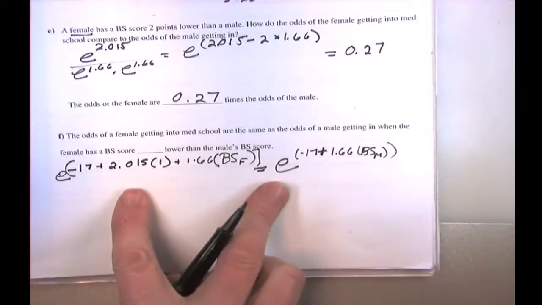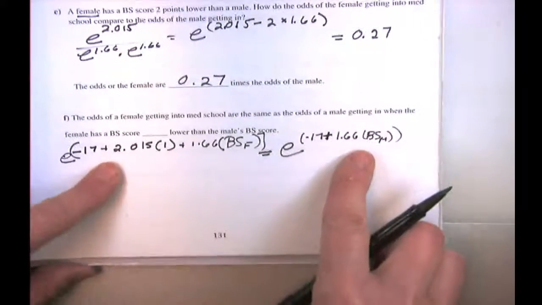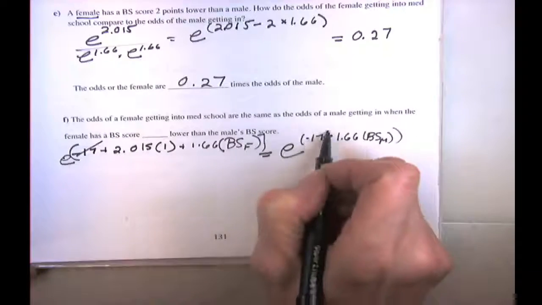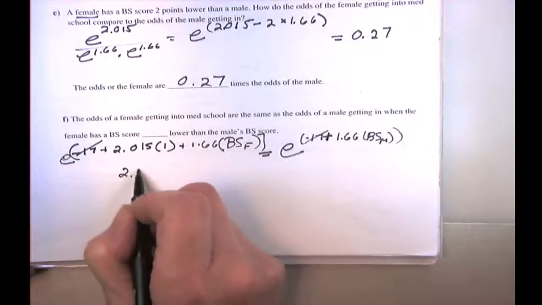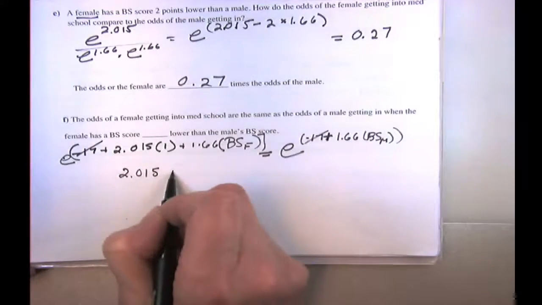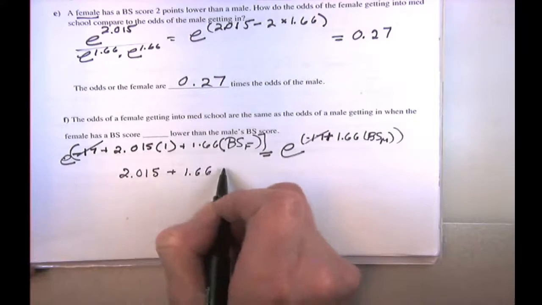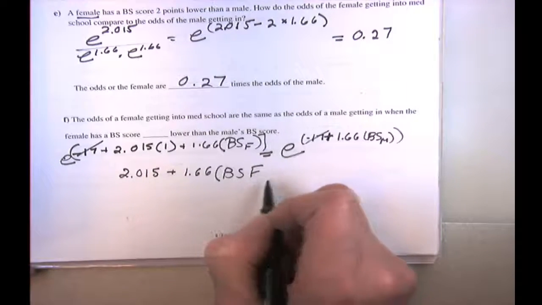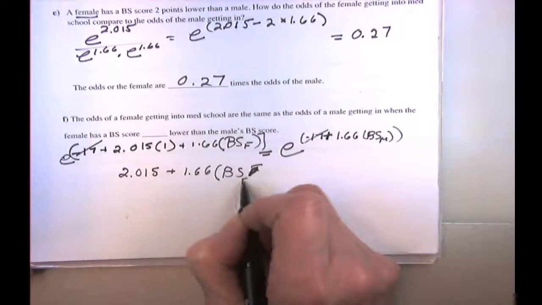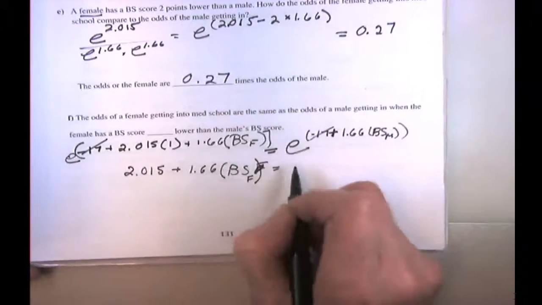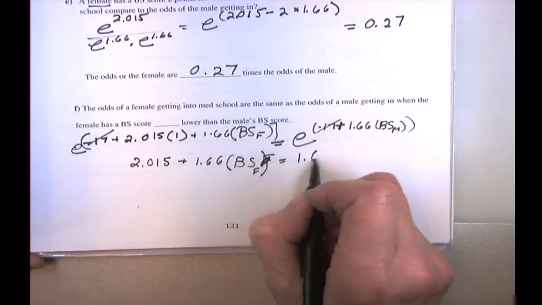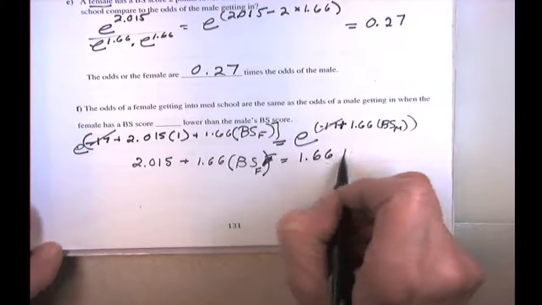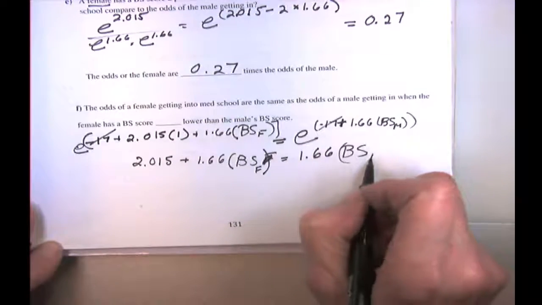And now, of course, I could anti-log both sides. I didn't really have to do that. First of all, those are both the same. And so I get 2.015 plus 1.66 times the biological score for the female, equals 1.66 times the biological score for the male.